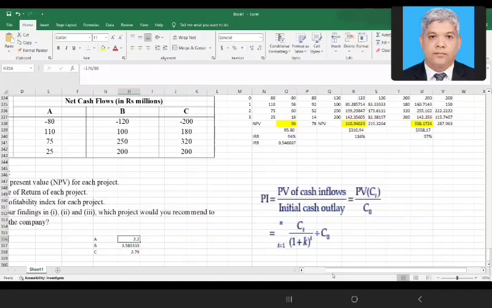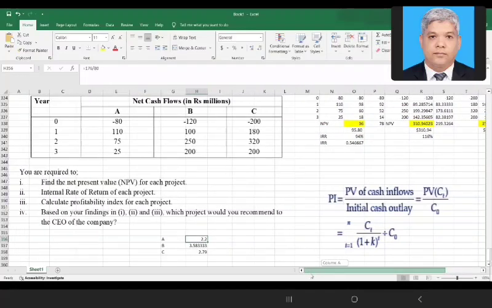Anyway, we can go with either A and B based on the availability of the fund. Since we have a restricted fund of 200 million, you can go with either project C or A and B.